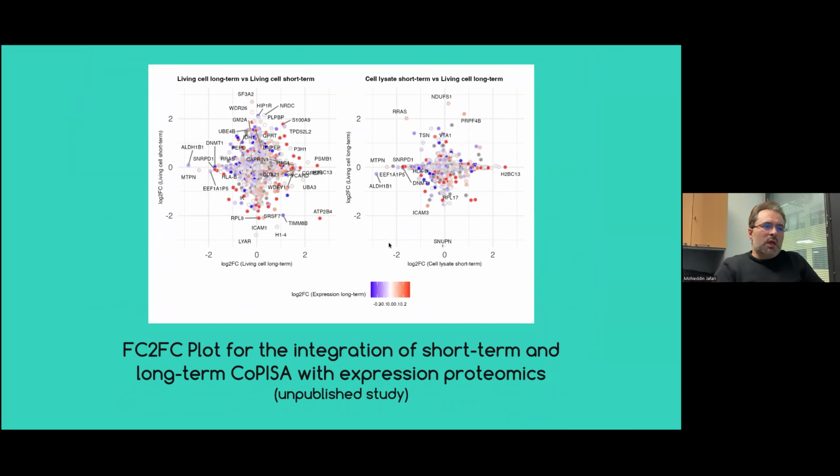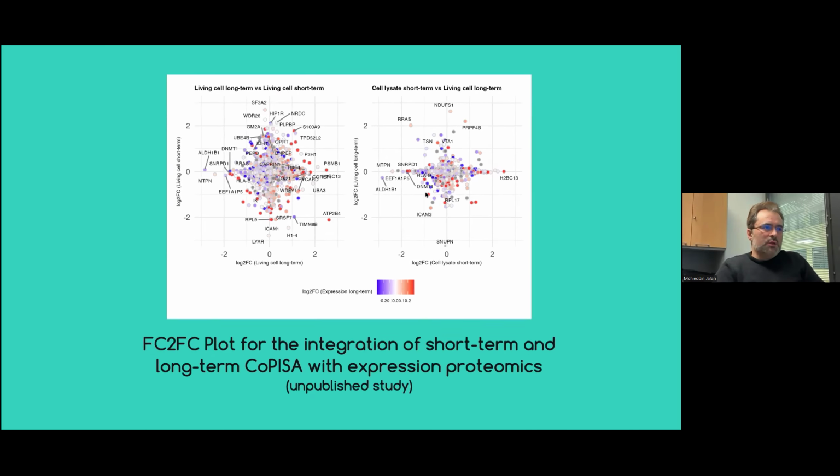But in the long term, we use a similar method, but after 5 days, to enrich DTP cells, drug tolerant persister cells, and then test the solubility change. And in this case also we see changes of the solubility, even when they are not related to expression. The color here is related to the expression, and we can also see some proteins specific to the combinations.